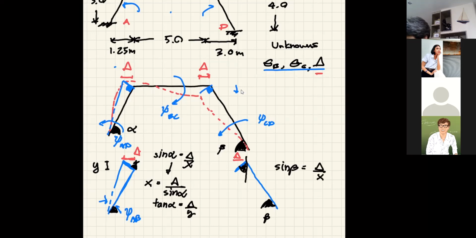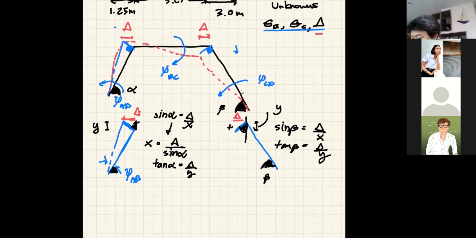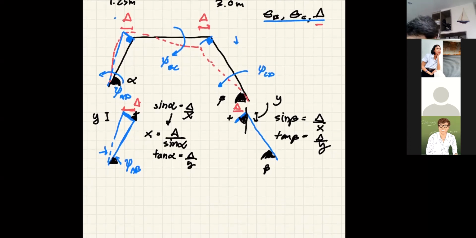Say again that is your x, and your y is this one. Tan beta is delta over y.